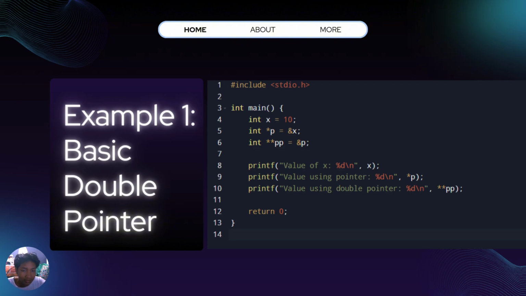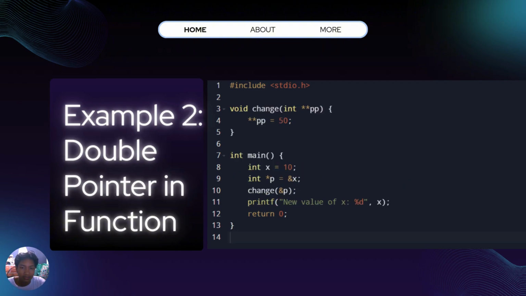When we print this, x prints 10 and *p also prints 10 and **pp still prints 10. This proves that double pointers can access the original value through two levels of addressing.